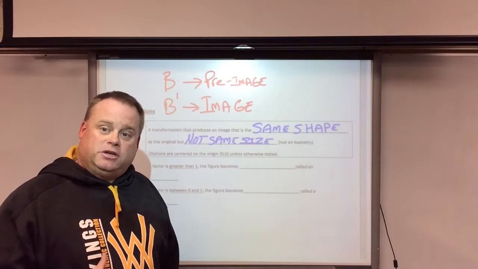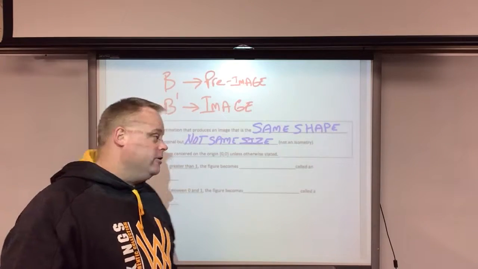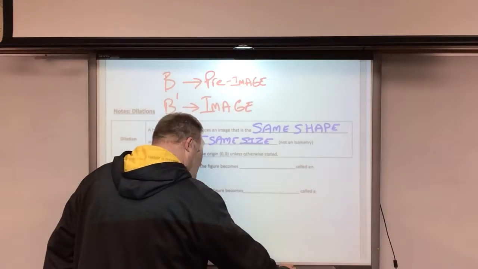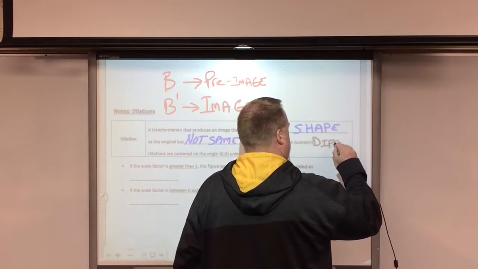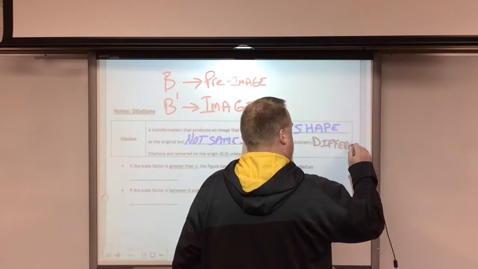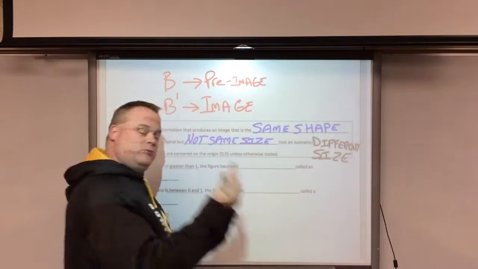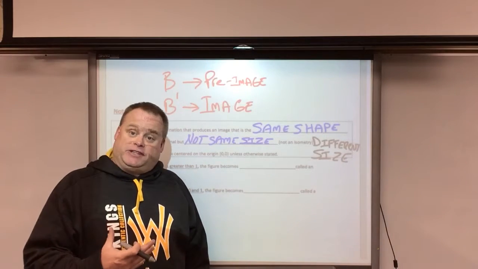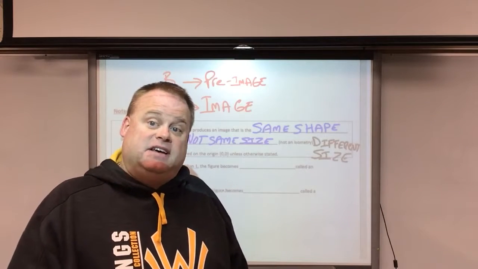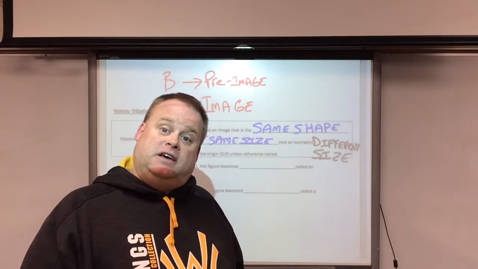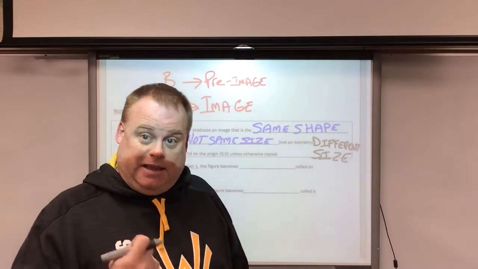It's a transformation where the shape stays the same, but the size is different. So we want to use the idea that it's a different size. And remember, that's what makes it not isometric, right? Isometric means the same shape and same size. Not isometric is going to have the same shape, but not the same size.